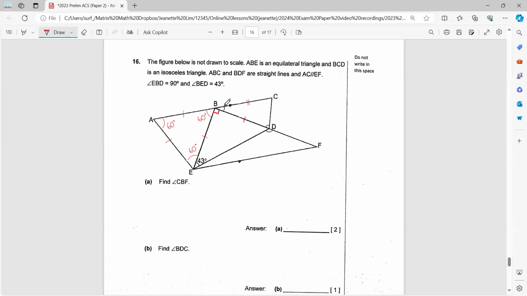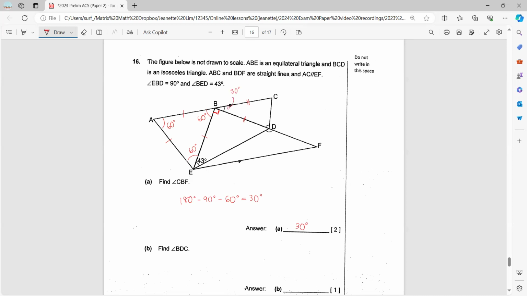You can find that 180 minus 60 and 90. So you get 30 degrees.